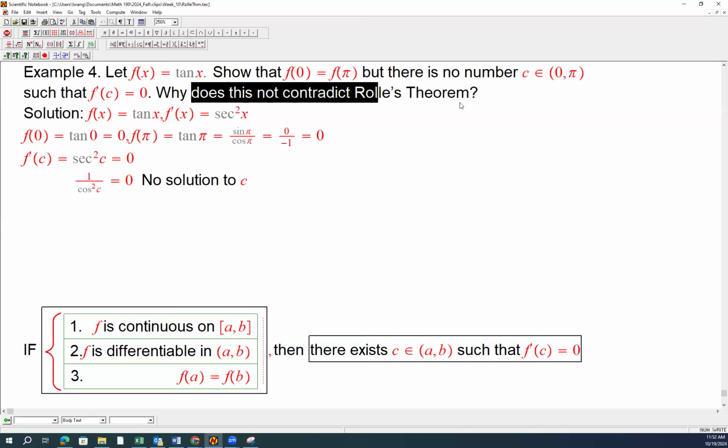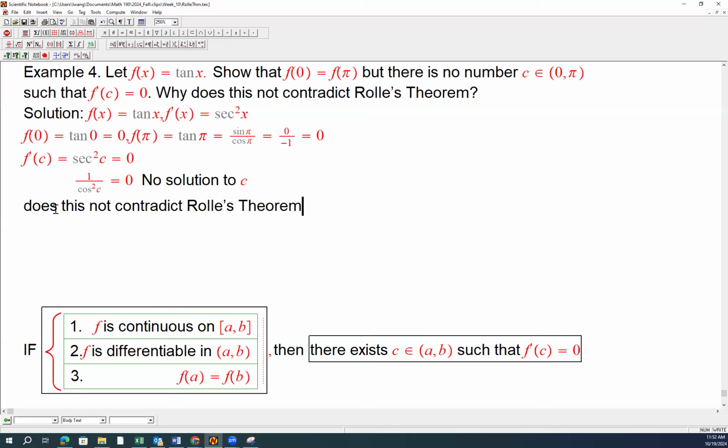The question is whether this contradicts Rolle's theorem, right? Why does this not contradict Rolle's theorem?